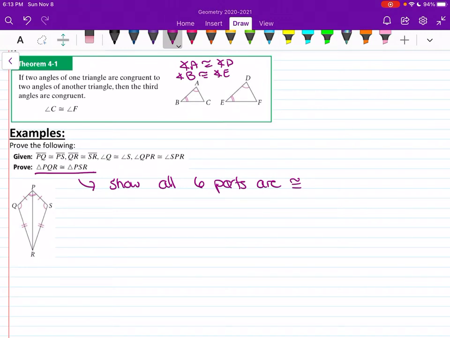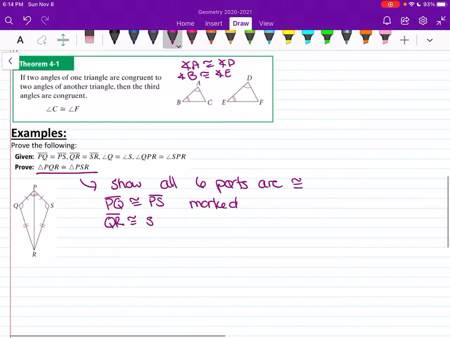So let's start with the segments. If I have PQ, I know that that's congruent to PS, and that's marked. My next one is that QR is congruent to SR, and that's marked. Okay, so I've done this one, and then this set here. Great. And now if I look, they share a side.